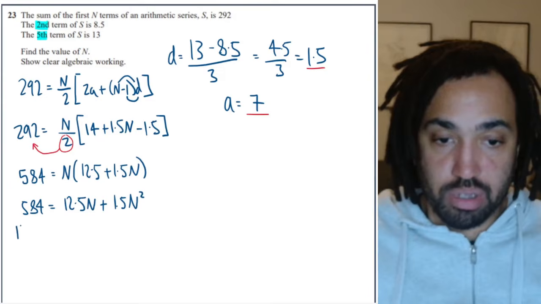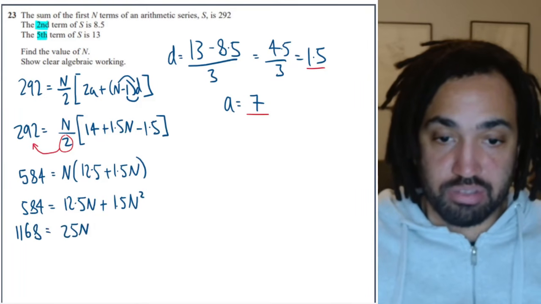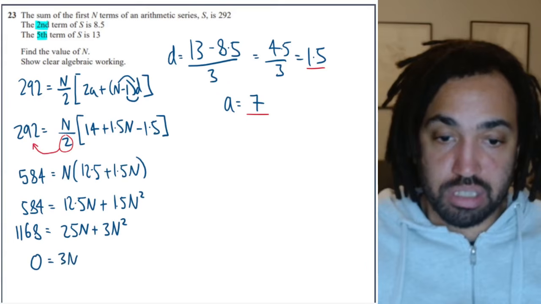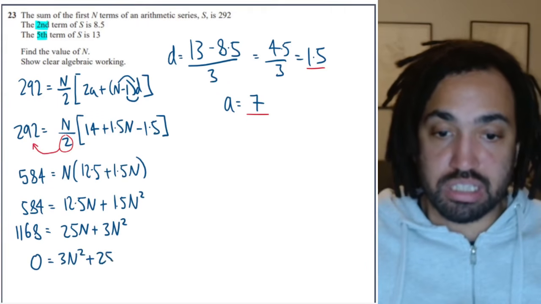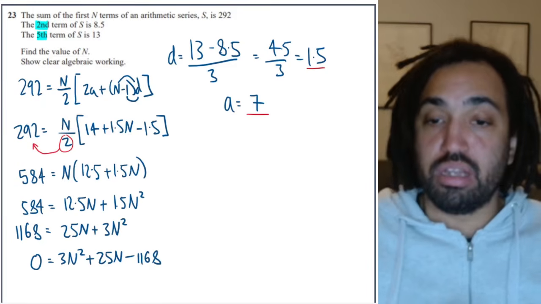Okay, let's expand out to get 12.5n plus 1.5n squared, and then I'm going to times everything by 2 just to make it a little bit neater for when I use the quadratic formula. Okay, and we set it equal to 0 when we do quadratic formulas, and I'm just going to put them in a nice neat order like this. Okay, great.